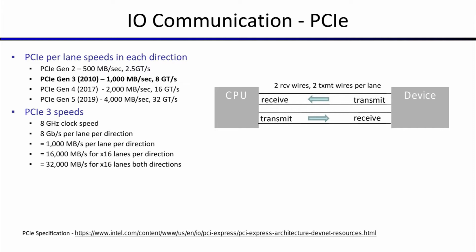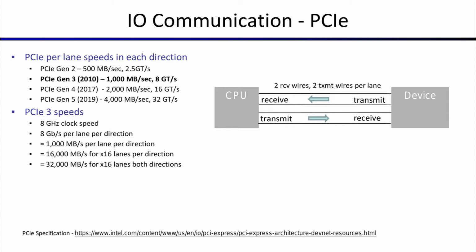At PCIe 3 speeds, the clock speed is defined at 8 gigahertz. You can get 8 gigabits per second traffic or data passing between 2 devices, and that is about 1000 megabytes per second, and that converts into, if you were using 16 lanes, you'll multiply that 1000 megabytes by 16, and that gives you 16,000 megabytes a second if you are using all the 16 lanes.